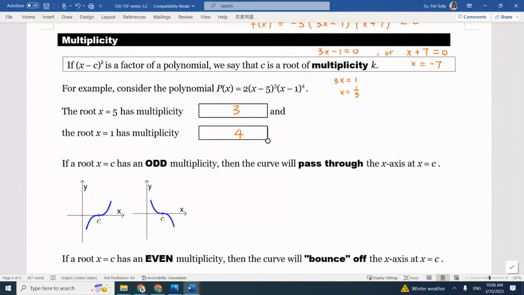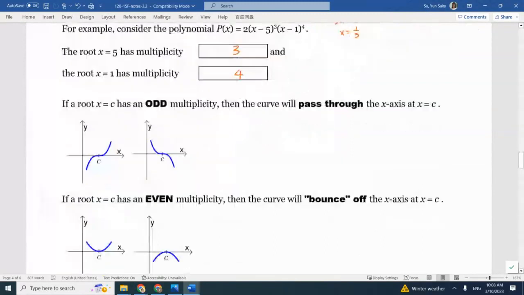If a root has an odd multiplicity, so odd number, then the curve will pass through the x-axis at the points. So cross. Okay, so it's like that from below to above, or from above to below. Cross the x-axis. Okay, everybody?